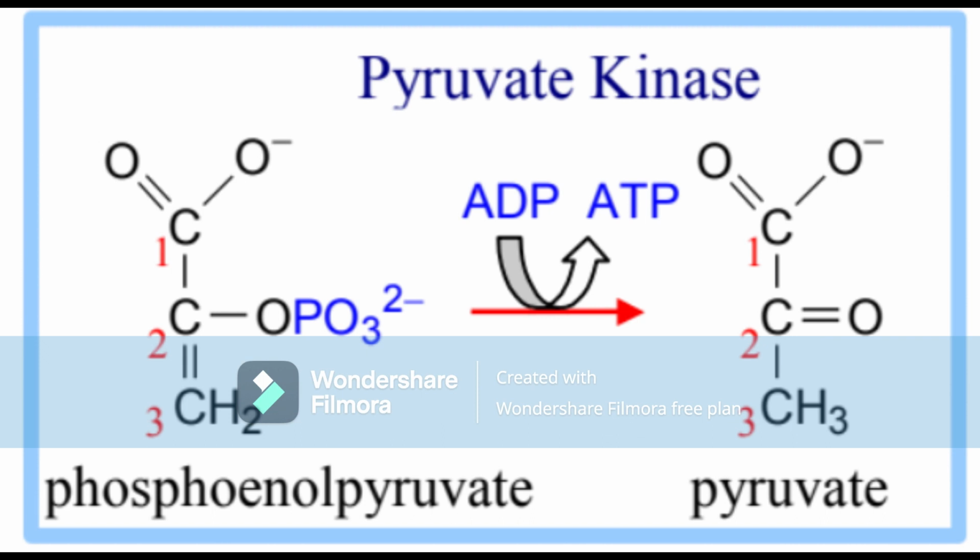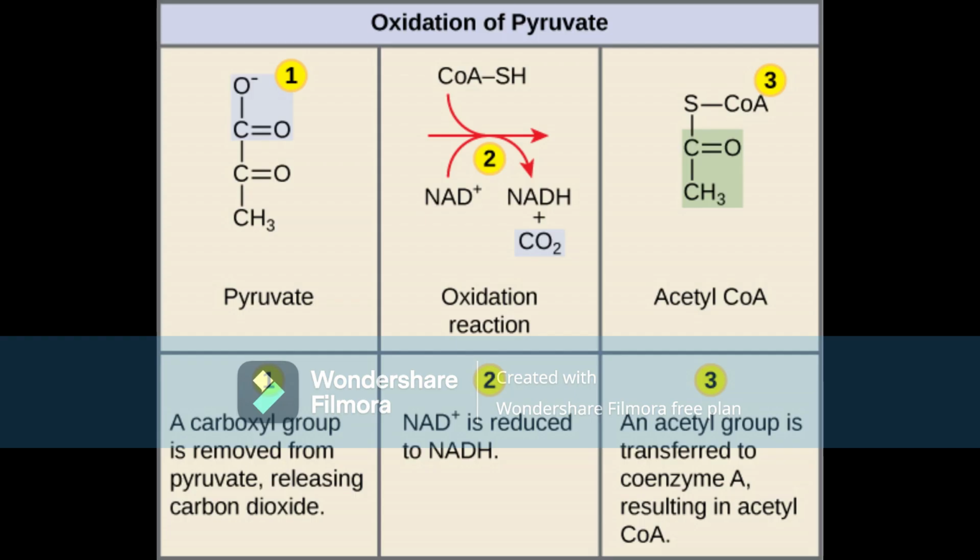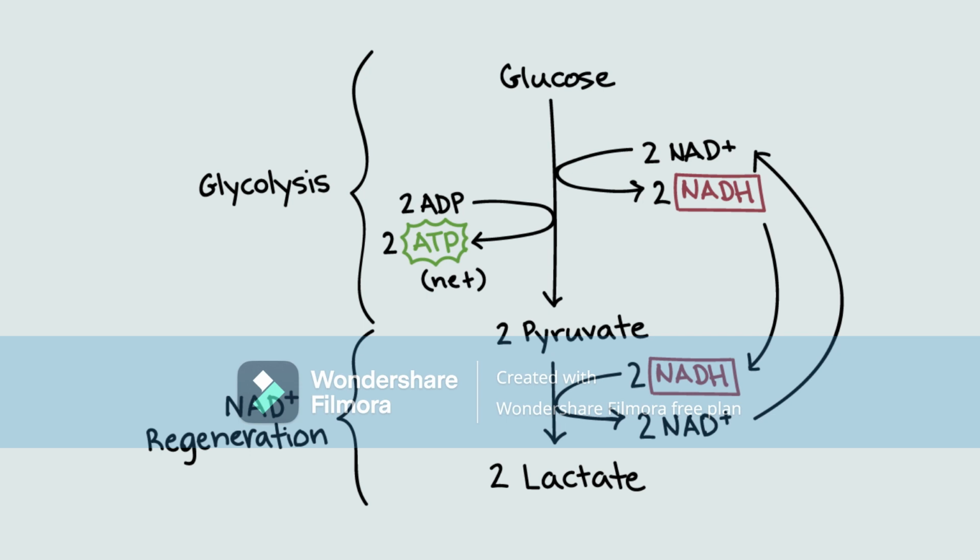The ninth is that PEP donates a phosphate group to ADP, producing ATP, and is converted into pyruvate by the enzyme pyruvate kinase. And the last one, the 10th step, is that pyruvate can either be converted into acetyl-CoA to enter the citric acid cycle in aerobic respiration, or be further metabolized in the fermentation pathway in anaerobic respiration.